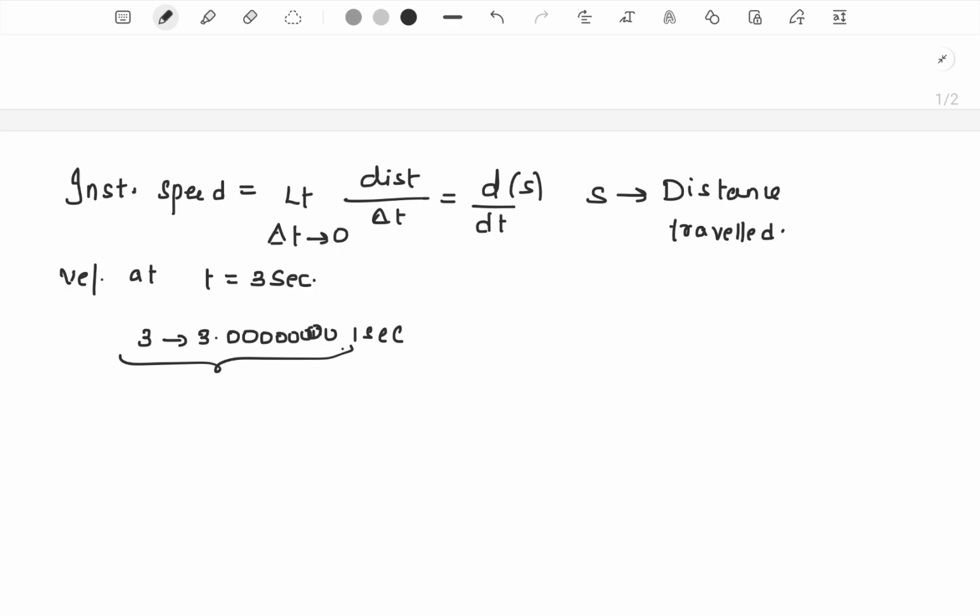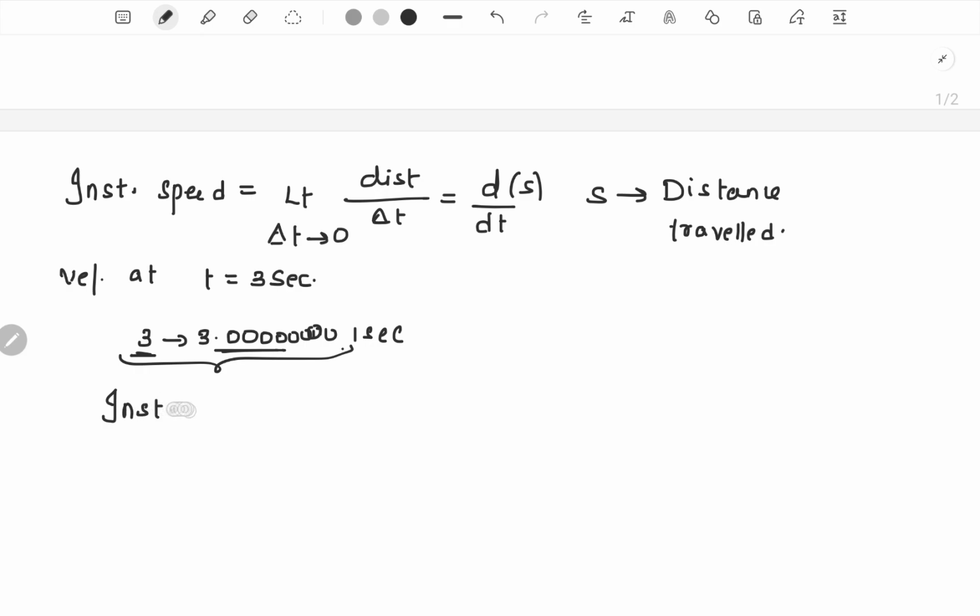Then we can say the time interval is very small. The time interval in this case would be this minus this. So when that time interval is very small, then the average velocity that we calculate in that small interval of time would actually approach instantaneous velocity.